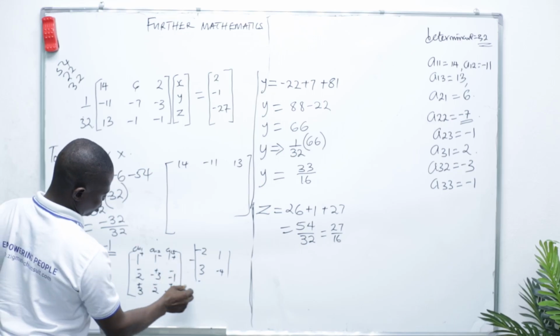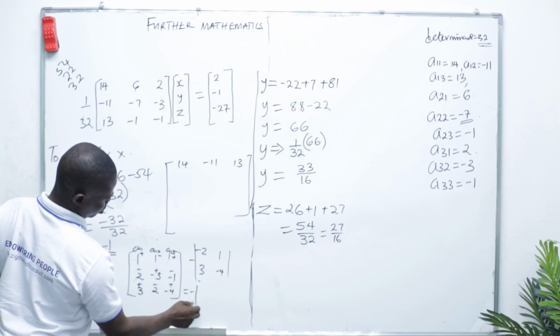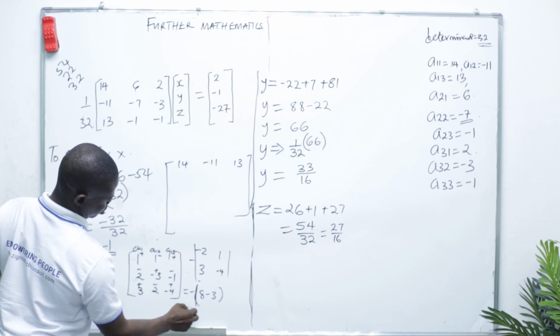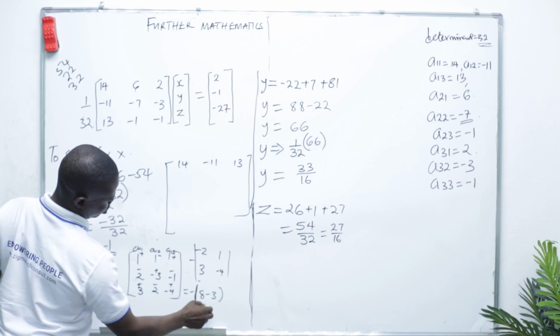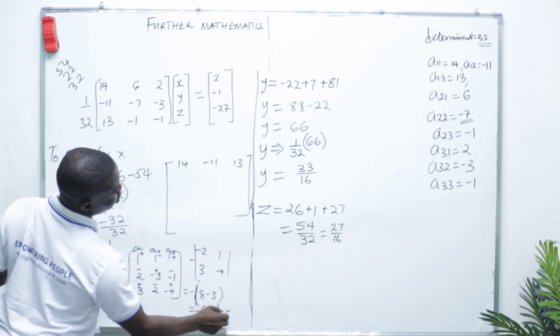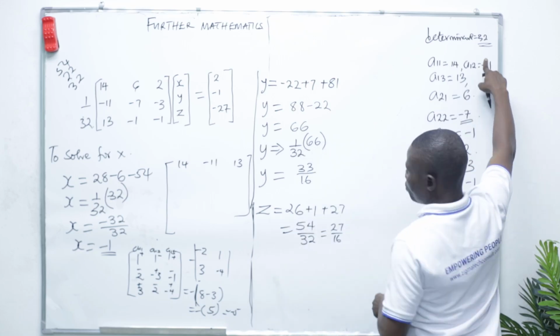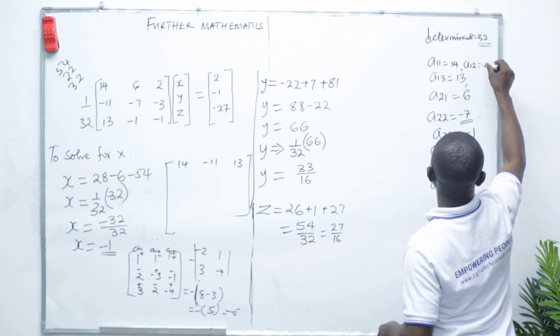This is minus 8 minus 3, this is 5, so minus 5. Okay, it's not minus 11. I've traced that one. That's minus 5.